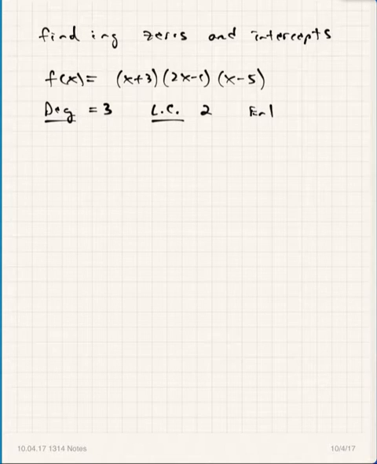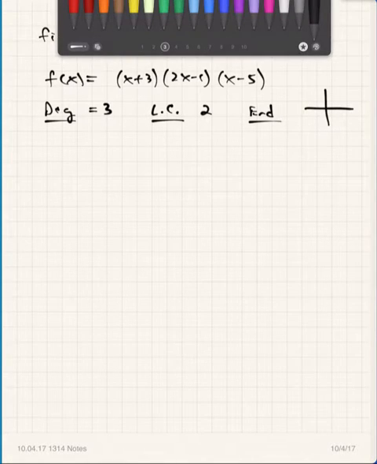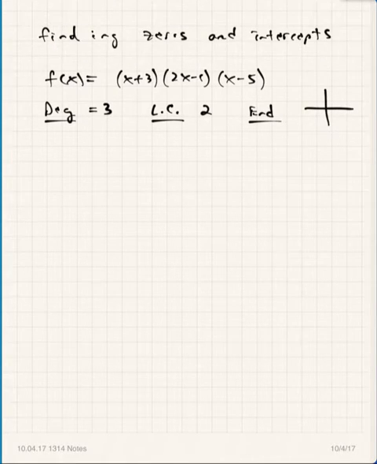And so putting those two things together, we have an odd degree function with a positive leading coefficient. And so that means as you move to the left, the graph has to be falling, and as you move to the right, the graph has to be rising.